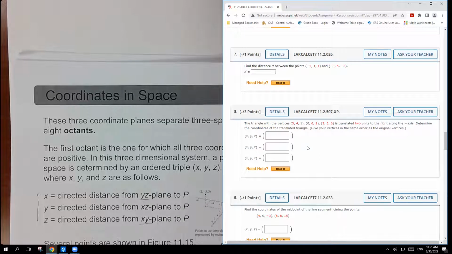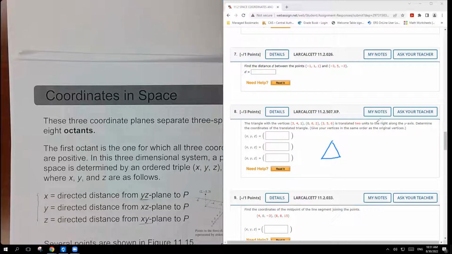Here is the next one. A triangle with the vertices these 3 points, these points, not vectors, is translated 2 units to the right. Okay? Along with which coordinate? So you have a triangle.